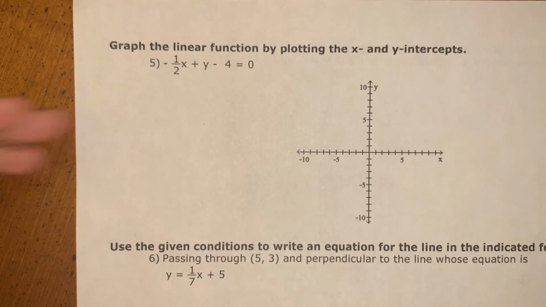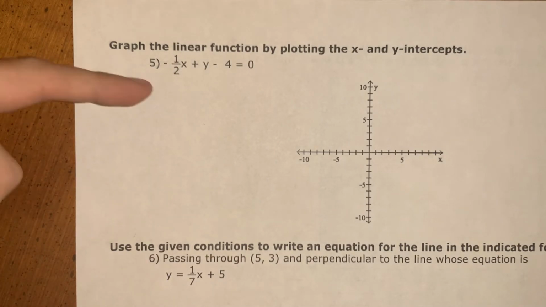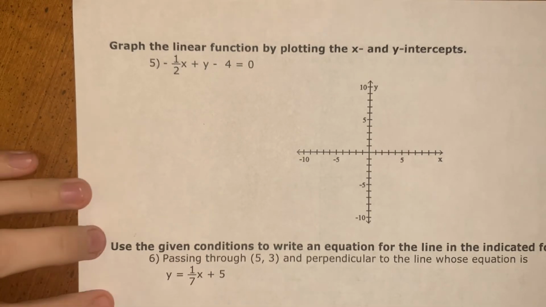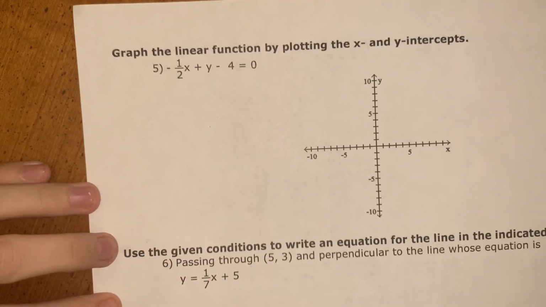You can convert it to slope-intercept form and graph the y-intercept, and then use the slope to generate your next point and connect those 2 dots. And you can also create an x and y chart and generate random points and do it that way. But I told you, let's do it the x and y intercept method. I personally prefer this method. So if you can nail this down for the test, that'd probably be a good idea.